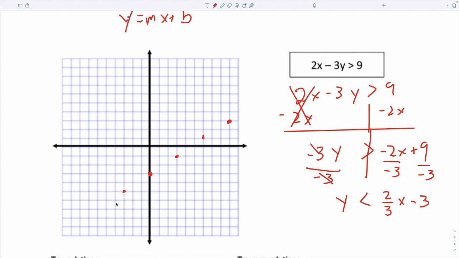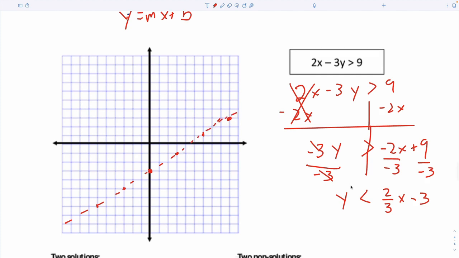Is my line dotted or solid? Does Pac-Man have a chin? Fill the circle in. Solid line. Sarah? It is not a chin, so I'm going to make a dotted line, extending this all the way up.